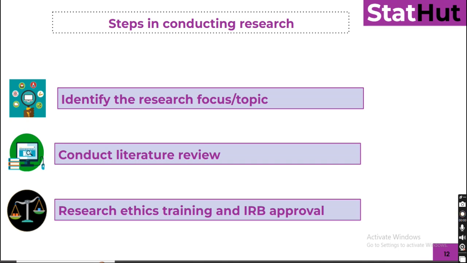Now let me give an example in the health sector. If we are studying air pollution and asthma, we can refine the question from how does air pollution affect health? That is looking so broad, right? So what is the link between air pollution levels and asthma hospitalization in children under 10?